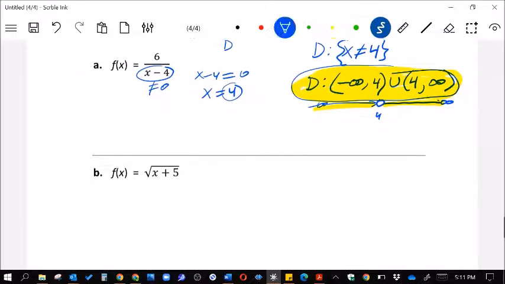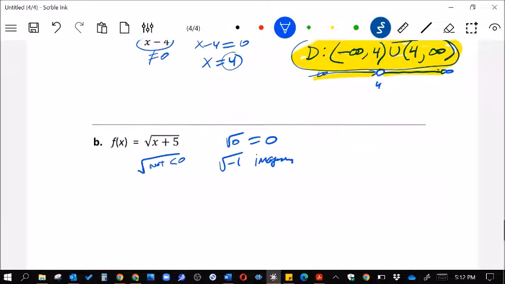Now with the square root, the idea is that what's underneath the square root cannot be less than 0. It can be 0. Being 0 is okay, because the square root of 0 is equal to 0. But the square root of negative 1 is imaginary, and so we don't use that in a function.